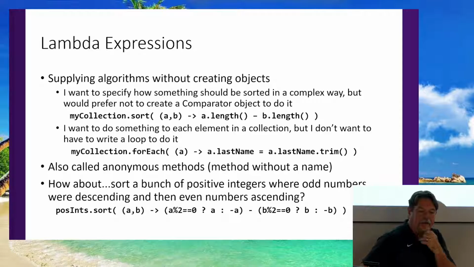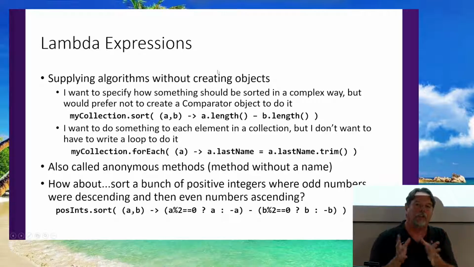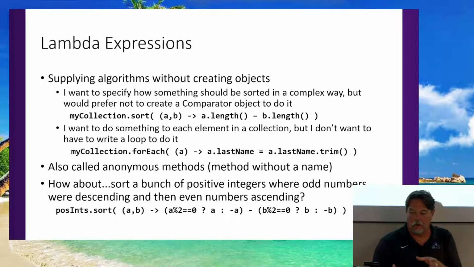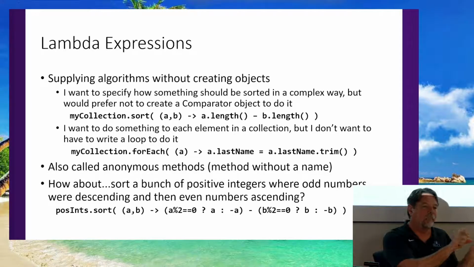Okay, so jumping to lambda expressions. Another thing that became useful, it occurred to somebody that every time I want to write an algorithm, like those extracted methods, I have to create a function. So I have to stop. I have to think of a name for the function.